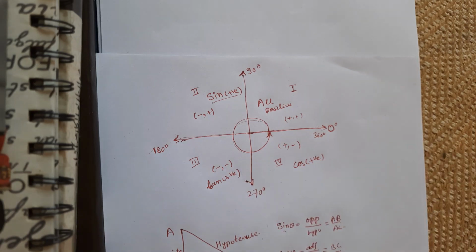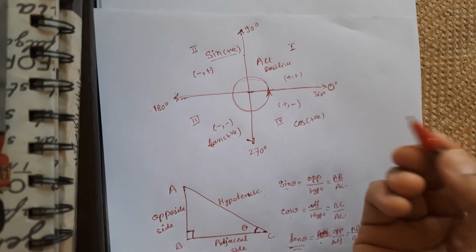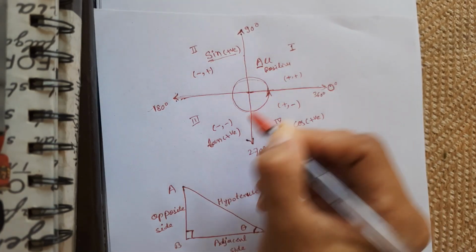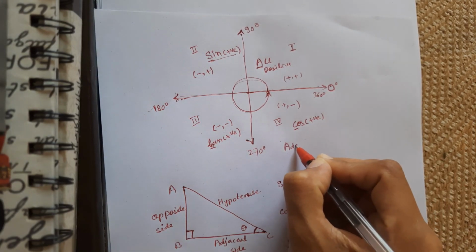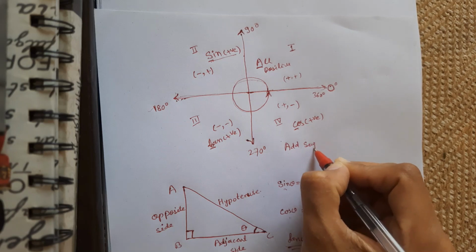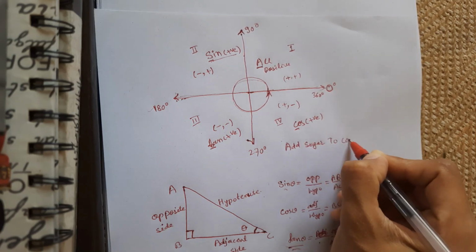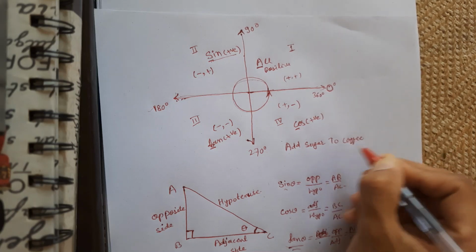In simple words, we remember it from the first letters: all, sin, tan, cos. We remember it as: add sugar to coffee.